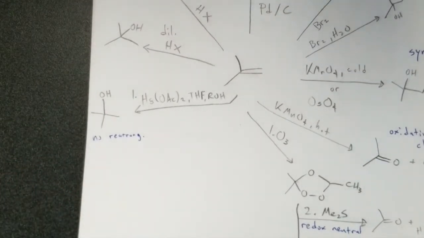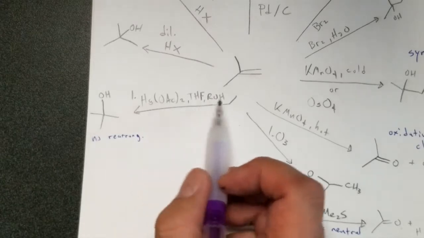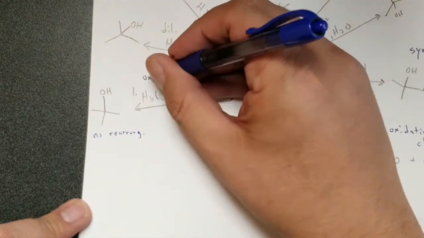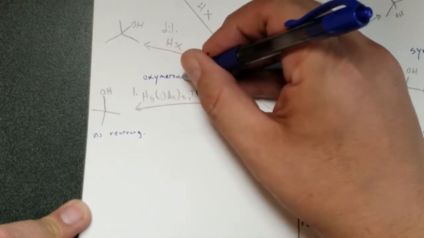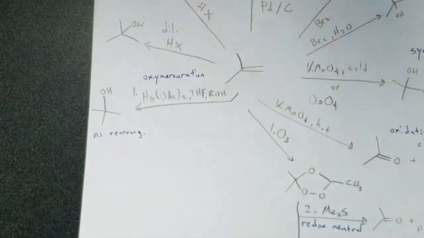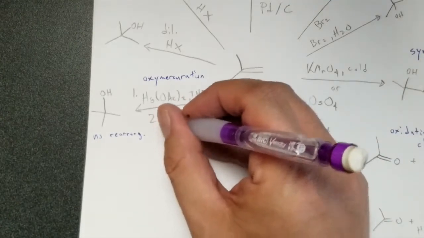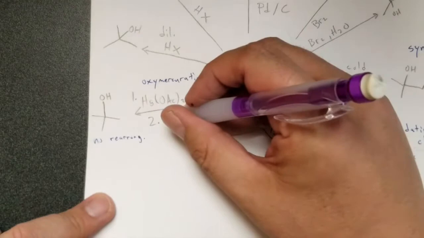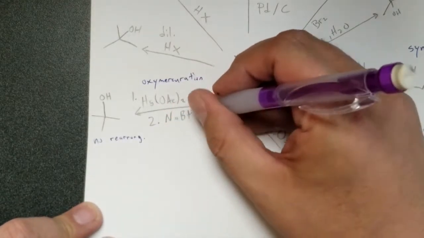If it's water, it'll give you the alcohol. If it's an alcohol in that reaction, you'll get an ether product. And so the first step is the oxymercuration. The second step is the demercuration. And how do we demercurate it? Yep, sodium borohydride, the same reagent we used earlier in the last reactions, NaBH4.